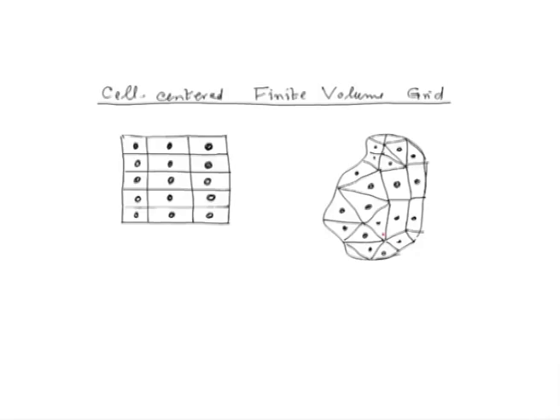So generating a cell centered finite volume grid is fairly straightforward. So we had a look at two examples, one on a structured mesh, and the other in the case of an unstructured mesh.